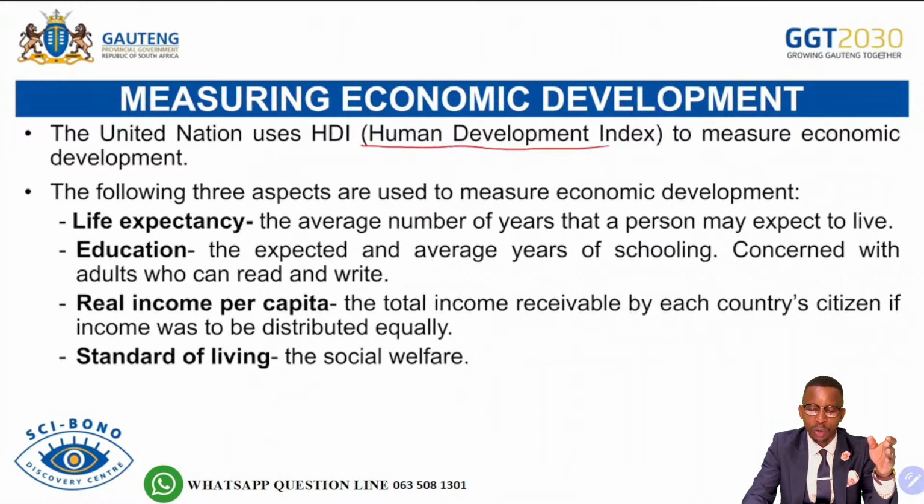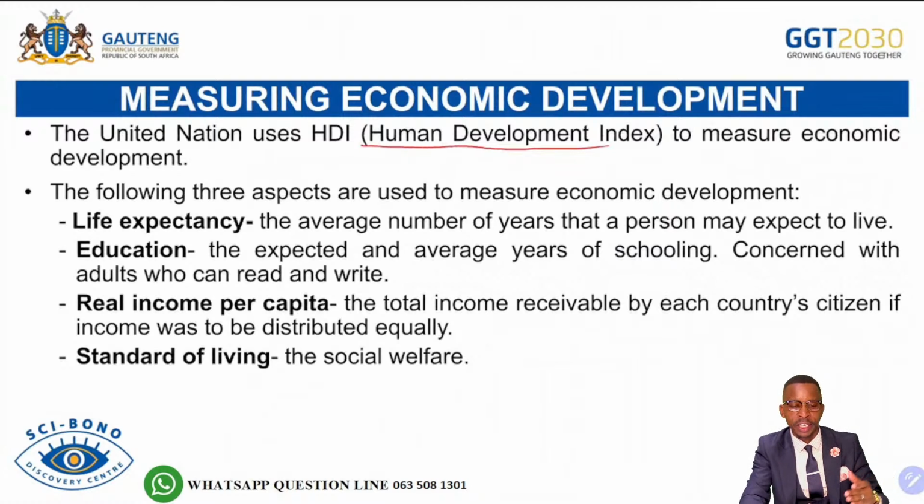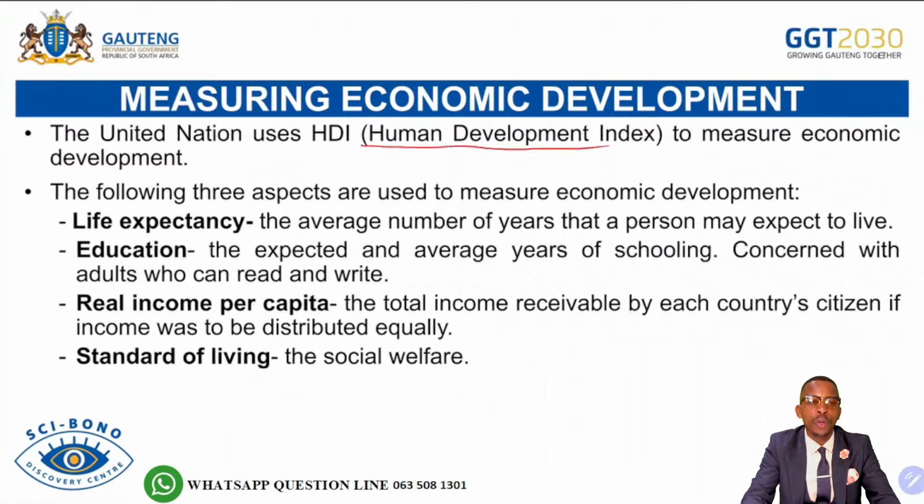Or you can come across the question to say, which tool is used by the United Nations to measure the level of economic development? The United Nations uses the Human Development Index. Or the question can be, mention any two measures of economic development used by the United Nations.